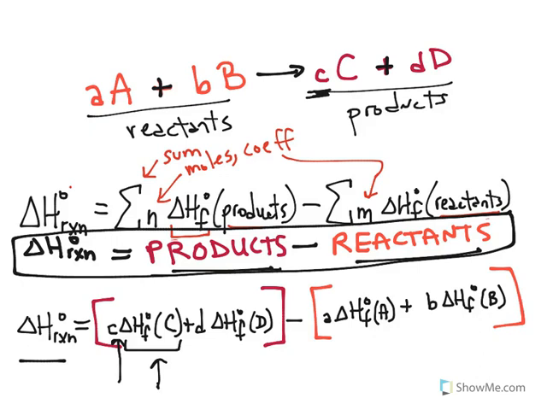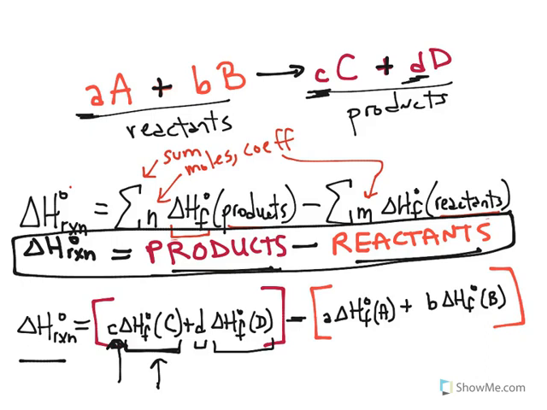So c times the standard heat of formation of substance C, plus the coefficient d times the standard heat of formation of substance D. If there was another product, it would be plus e times the standard heat of formation of E, and so on for however many products there are. And then it's going to be a big minus, and you're going to do the same thing with all the reactants.